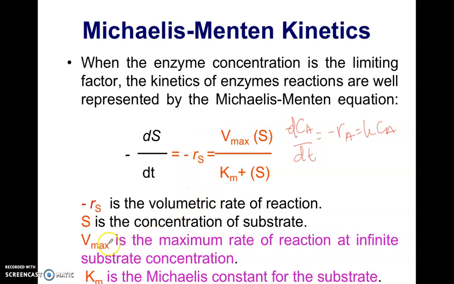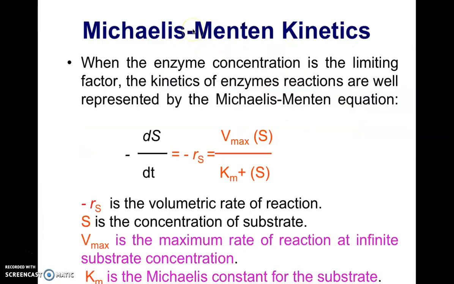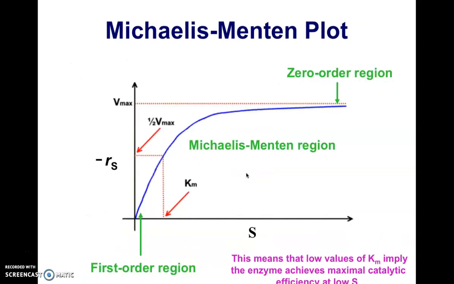S is the concentration of substrate. Vmax is the maximum rate of reaction. Remember just now this graph, this is your Vmax. Km is the Michaelis constant for the substrate. So in your case, you will need to determine the Vmax and Km, right? When you plot the graph of rS versus S, this is your maximum velocity of the reaction.